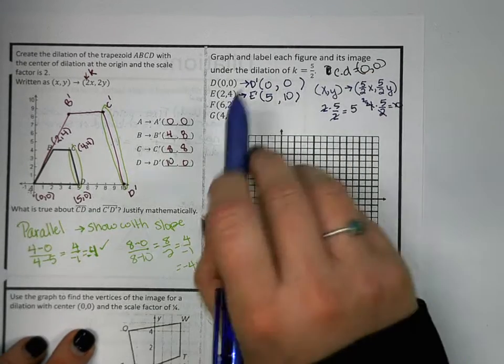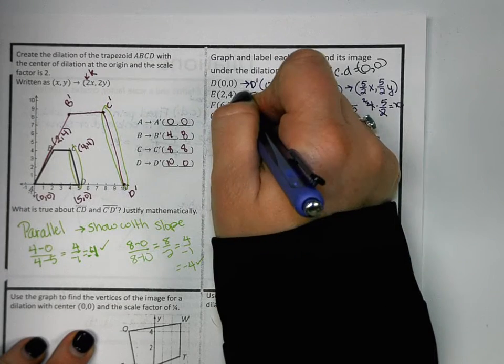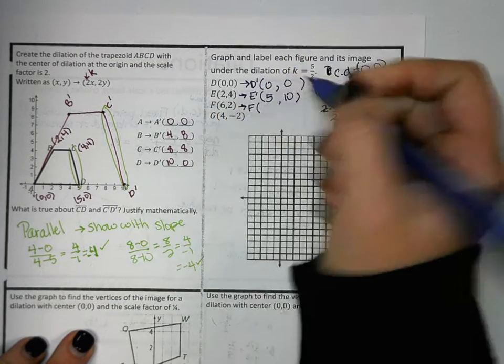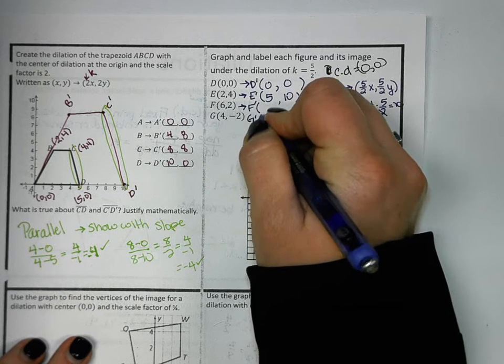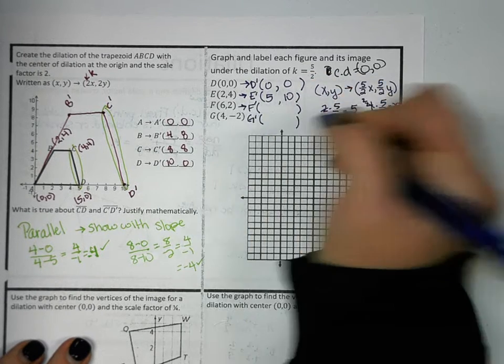And we can go through and do this with each ordered pair. So try on your own G and F. Let's see if you can multiply by 5 over 2.